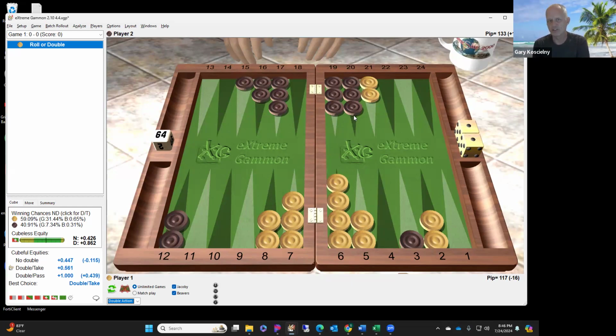So there's enough play there. This prime position is strong enough to withstand it. That's something interesting to know, and we only learned this by looking at these positions.